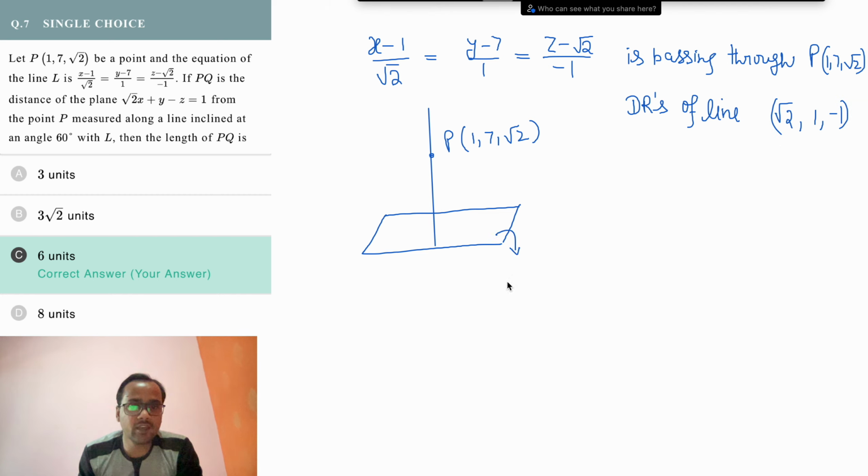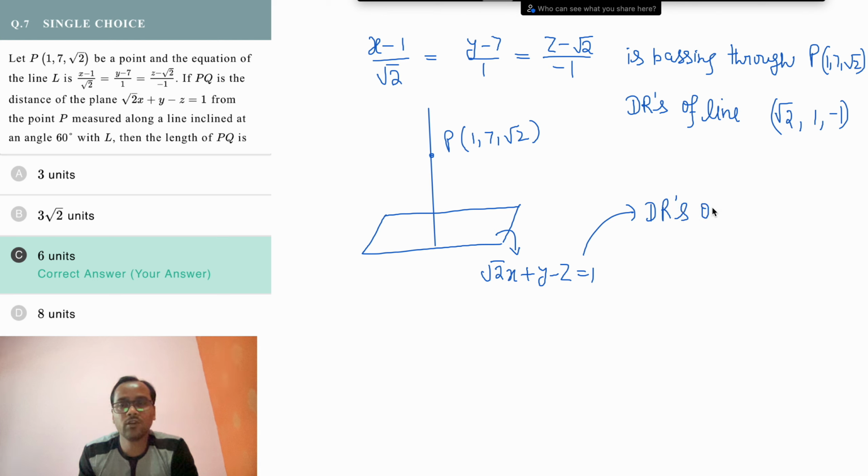And you see the equation of the plane is root 2x plus y minus z is equal to 1. Direction ratios of the normal to the plane, not direction cosines, will be root 2, 1, minus 1.